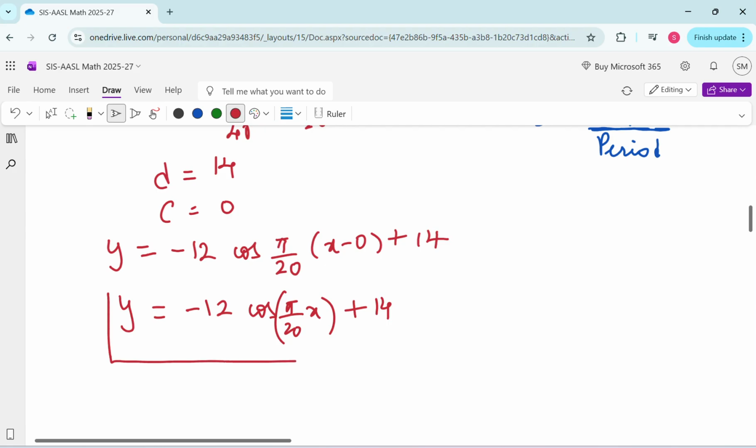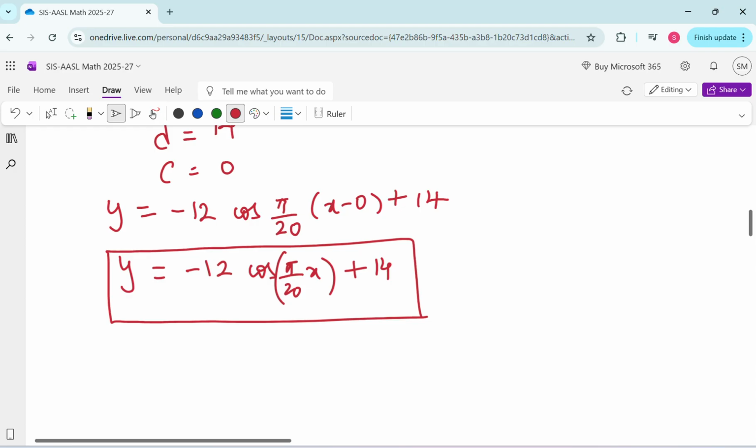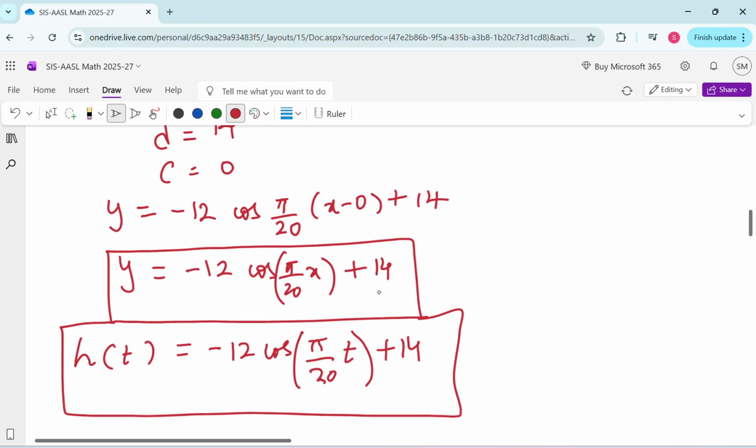Now this is our expression which they are asking in the question. And if you want to write it in terms of h and t, the height function is h(t) = -12 cos(pi/20 t) + 14. This is our answer for part A.